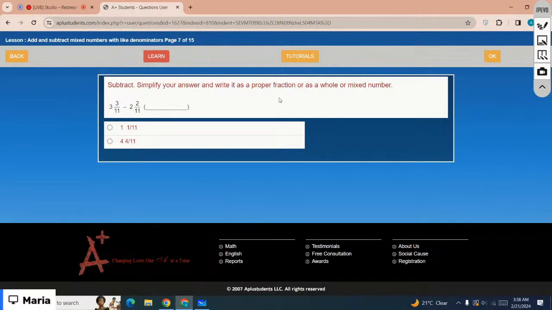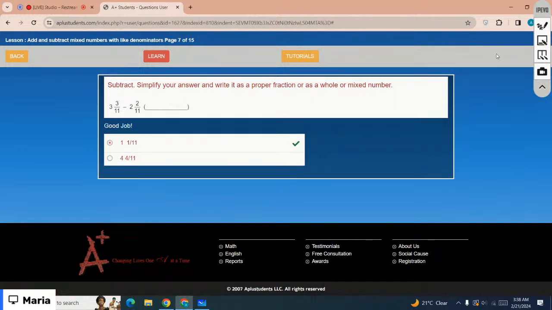Yes, that is 1 whole 1 over 11. Option number 1 is the correct option.